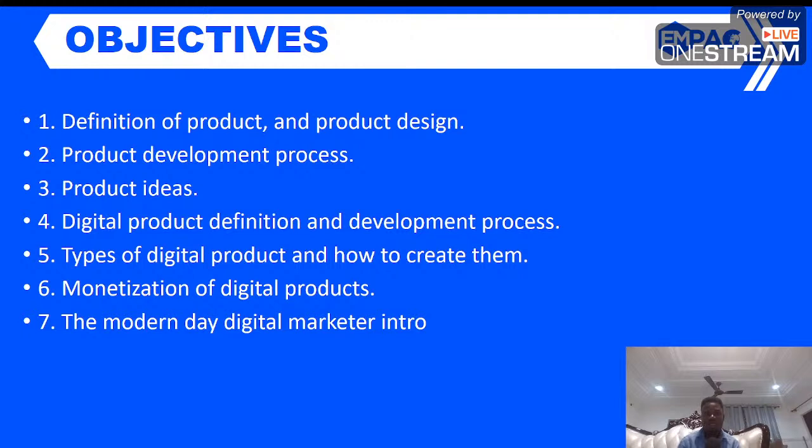The aim of this tutorial is for you to understand these things theoretically. Then in our subsequent lessons we go into the practical of how to do these things. So let's get the foundations built.